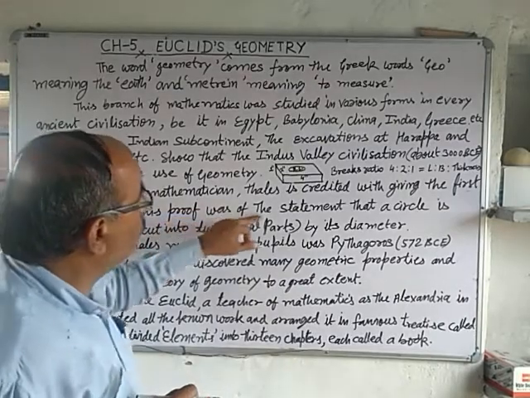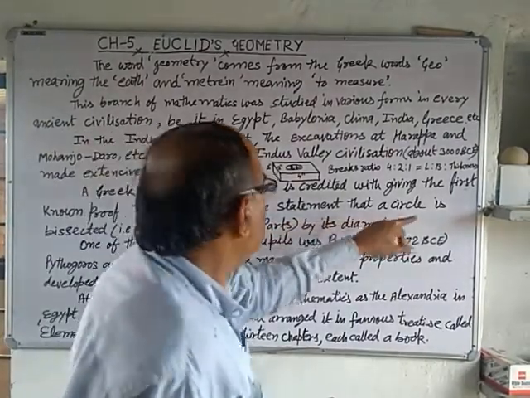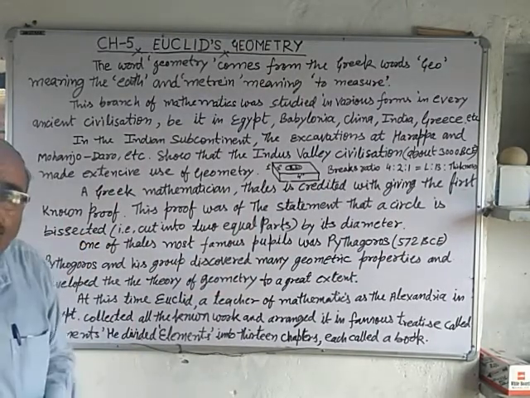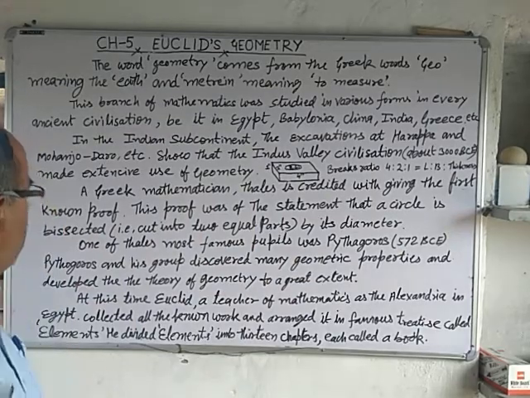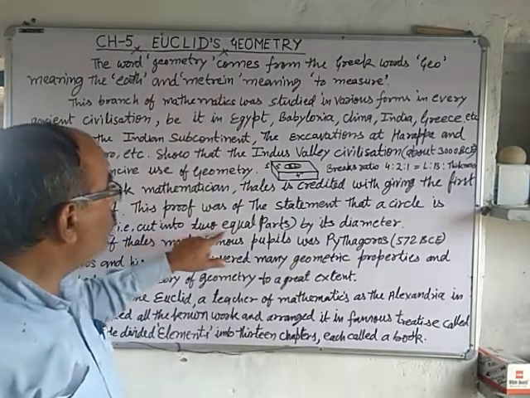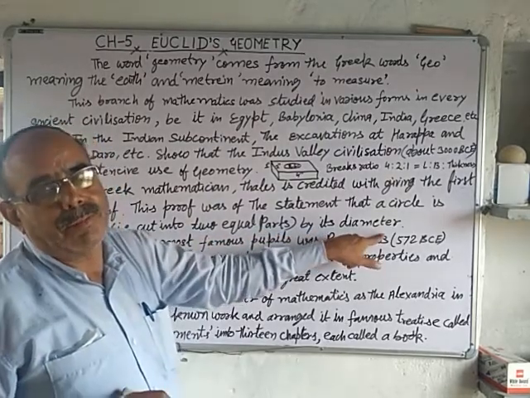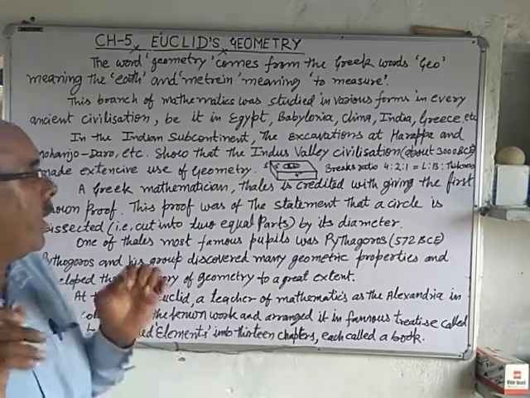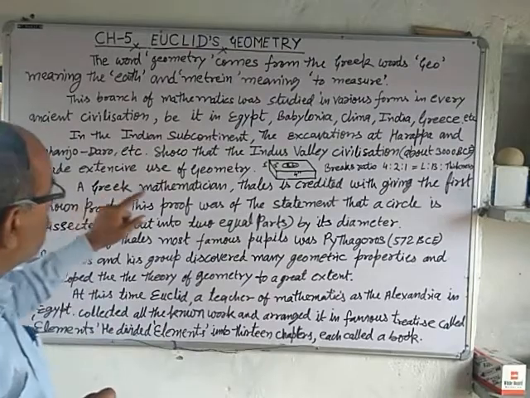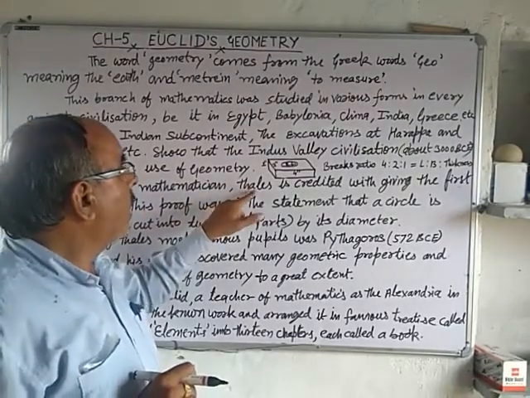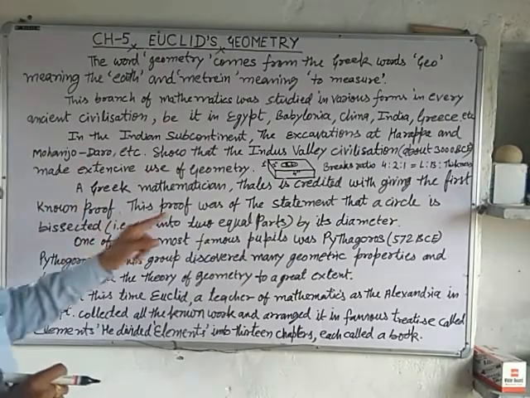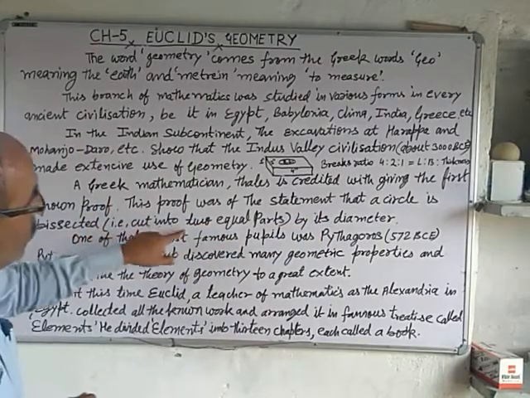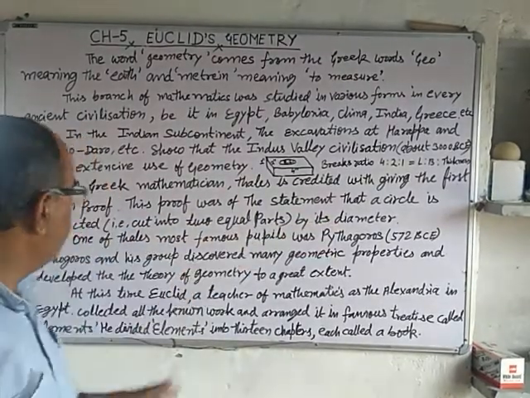This proof was of the statement that a circle is bisected by its diameter, cut into two equal parts by its diameter. This is the perfect proof for geometry, given by the Greek mathematician Thales.